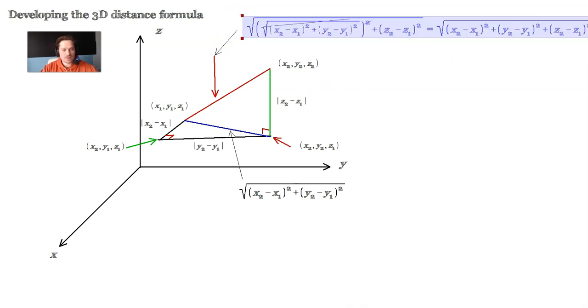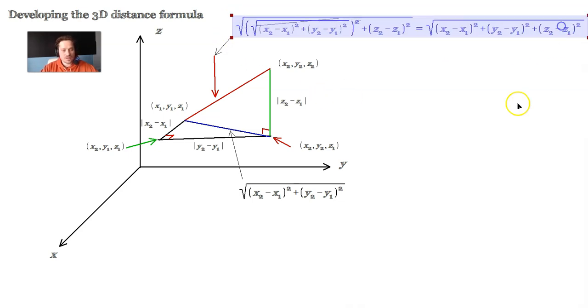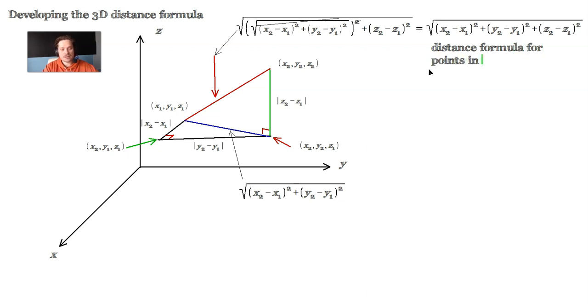Unfortunately, it went off the page, you see? Let me just move it into view. And then this object is called the distance formula for points in 3D. It's based on two uses of the famous Pythagorean theorem, in other words.